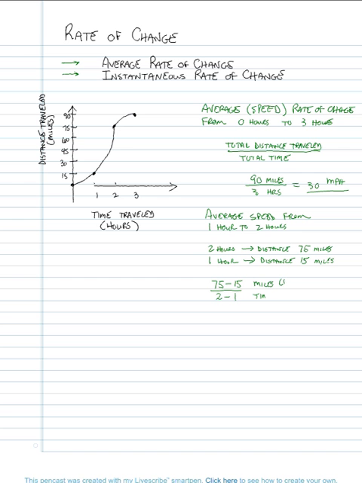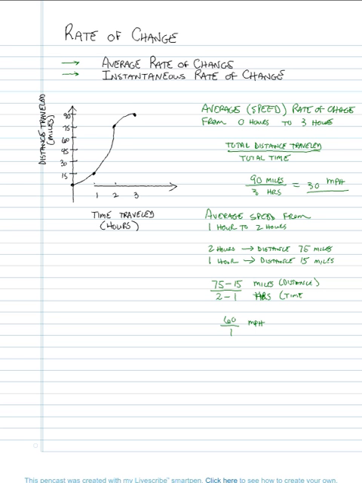Okay, well, this was distance, excuse me, and this is the time, and of course that's calculated in hours. So 75 minus 15 is 60. 2 minus 1 is 1. And that would be miles per hour.